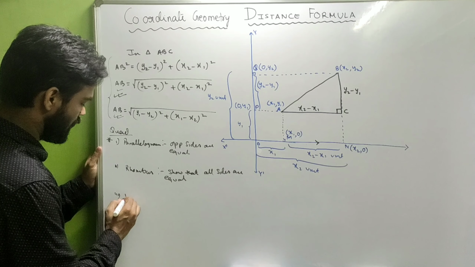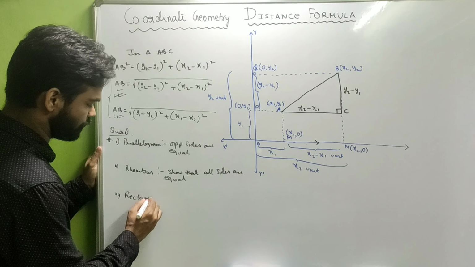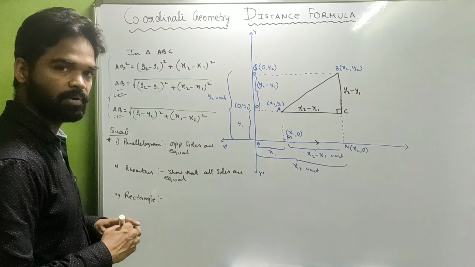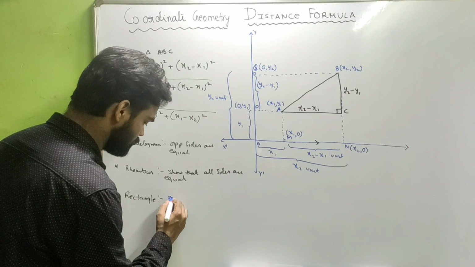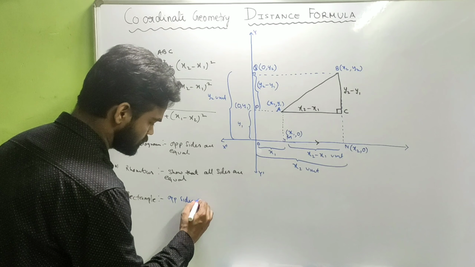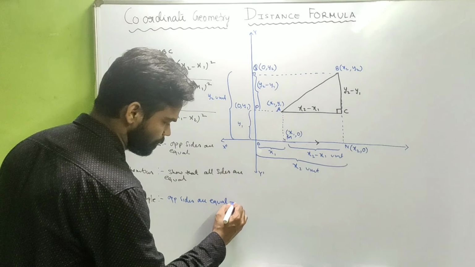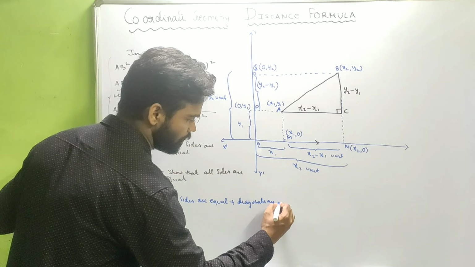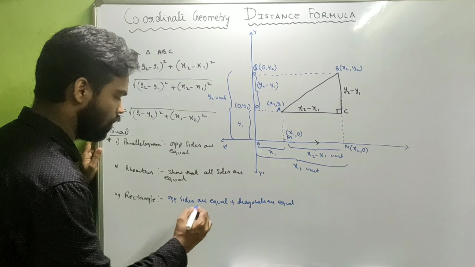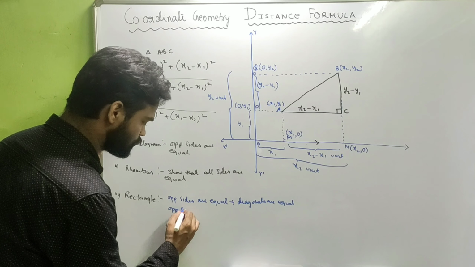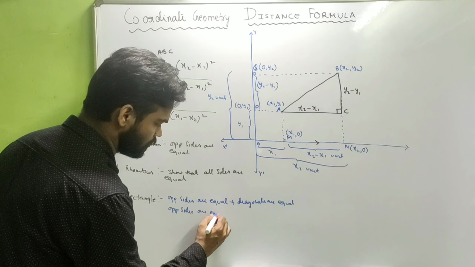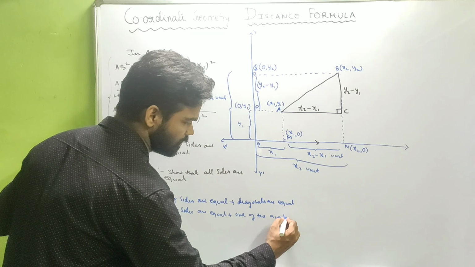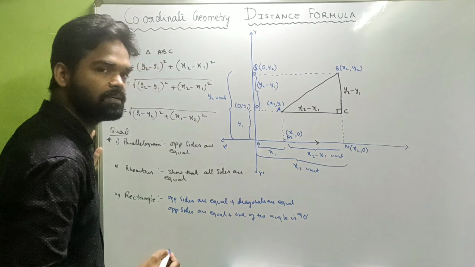Number 3. How can you prove that a given quadrilateral is a rectangle by using the distance formula? For this you need to prove that opposite sides are equal plus diagonals are equal, or you can say opposite sides are equal plus one of the angles is 90 degrees, then our work is done.